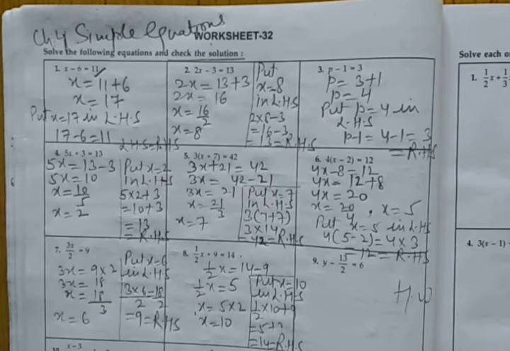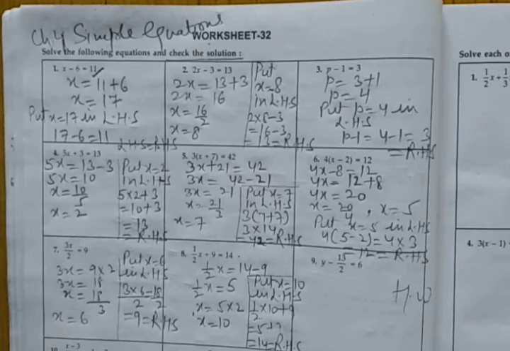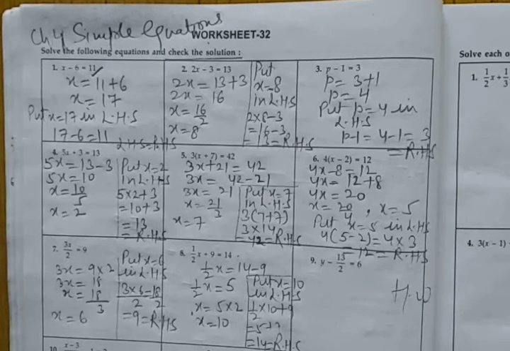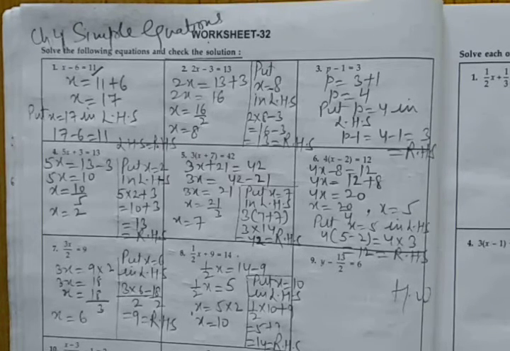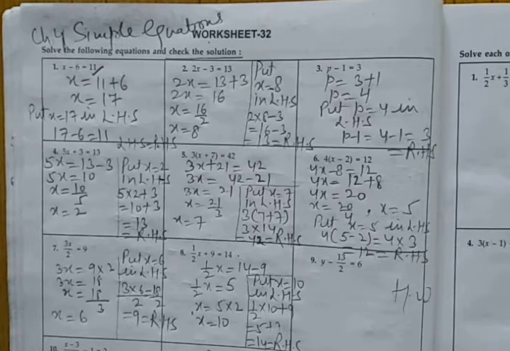Students, today I am going to teach you chapter number 4, that is simple equations. Today you are going to learn how to solve the equations and how to check the solution also. After solving the equation, we get the value of the variable, and that value will be put in the left hand side or in the right hand side, wherever the variable is.